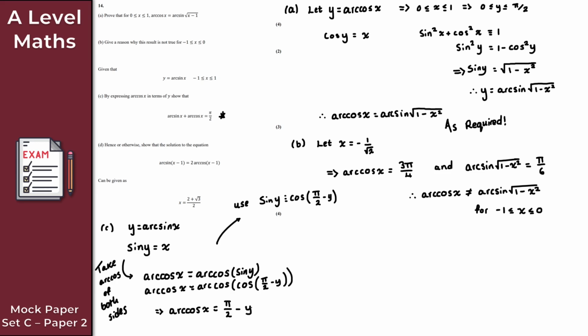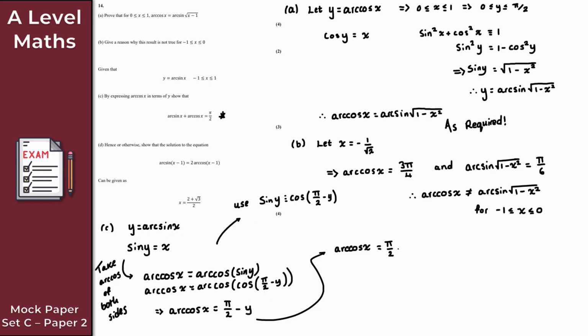Now, y here is arc sine x. So what I've got here, let's go to the top, is arc cos x is equal to pi over 2 minus y, where, as we just mentioned, y is arc sine x.